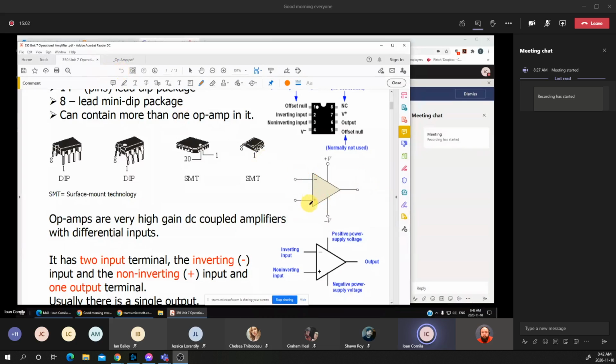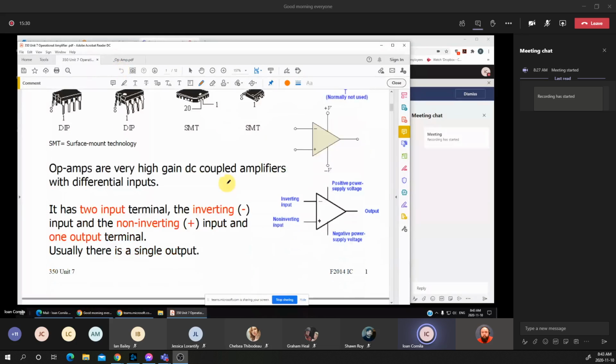On the non-inverting input, labeled with that positive sign, if I'm applying a positive voltage on the non-inverting input, the output will be positive, meaning there is no phase shift between the input and the output.